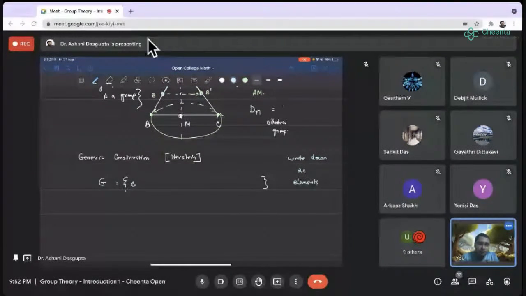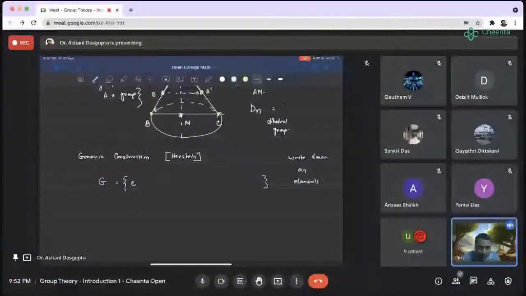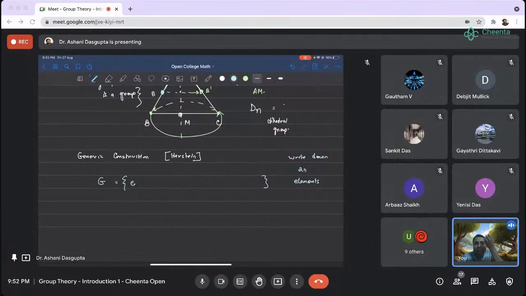Of course, identity element is definitely there. And then let's say there is one more element which is not the identity element, let's say a. And we have a bunch of powers of a, such that a to the power n is identity back again. So a, a squared, a cubed, up to a to the power n minus 1, because if I write a to the power n, it will be identity again.